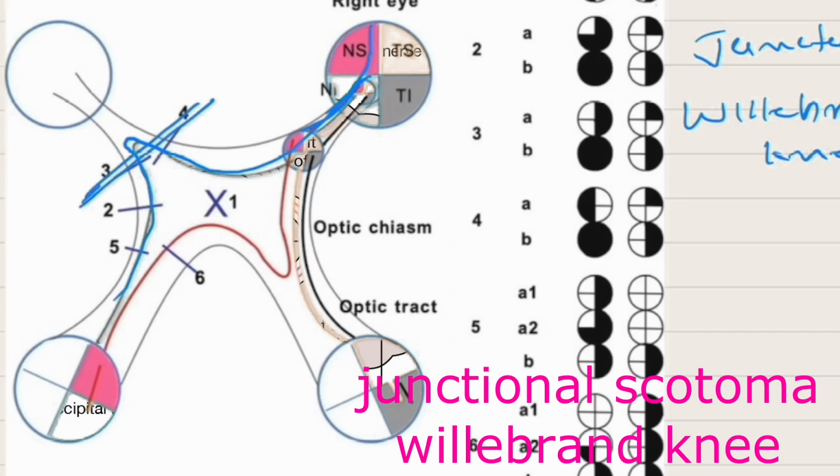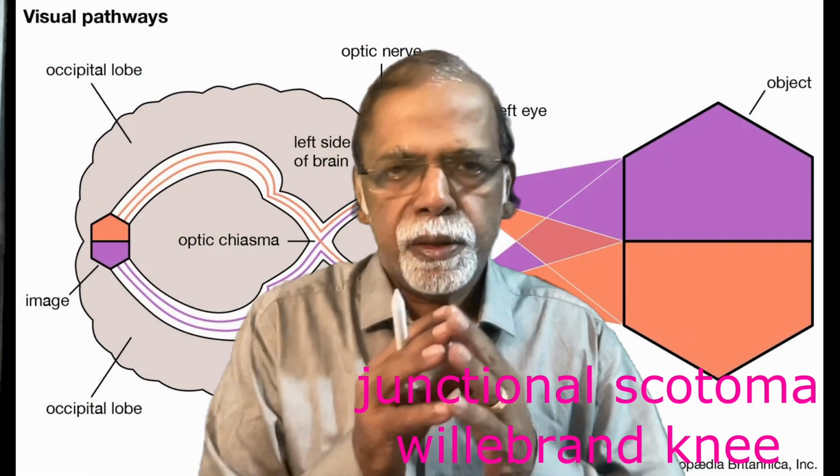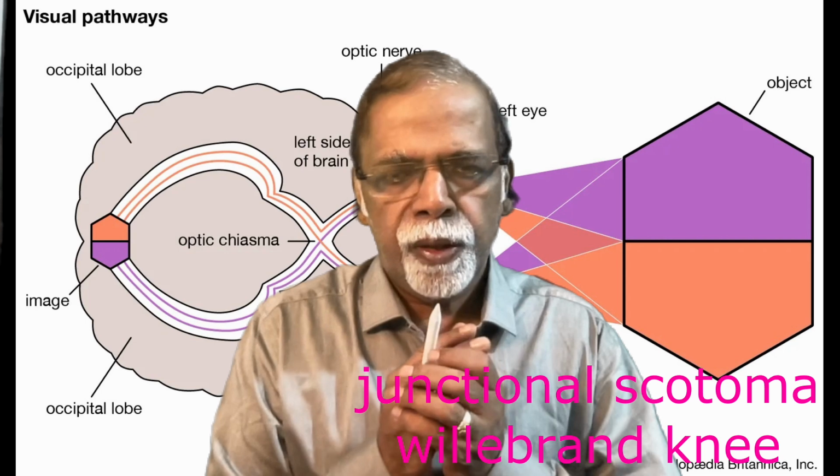What will happen? This eye becomes blind. That is unilateral visual loss. On the opposite eye, there will be temporal field cut. So junctional scotoma is unilateral visual loss with some field cut on the other eye.